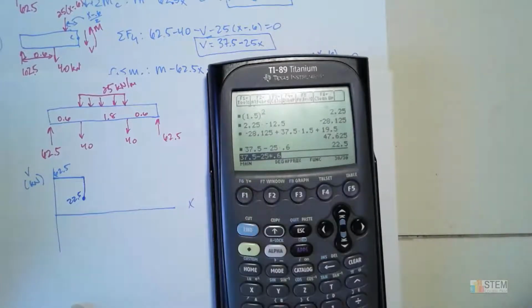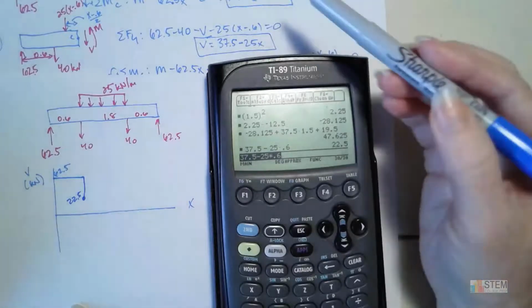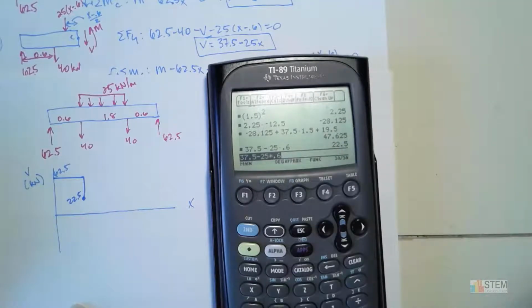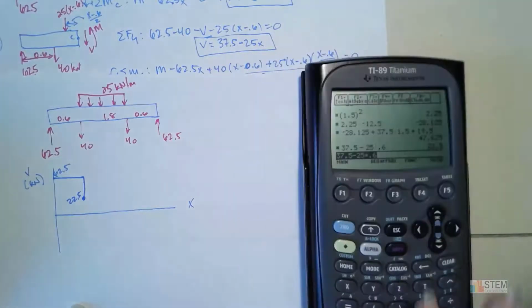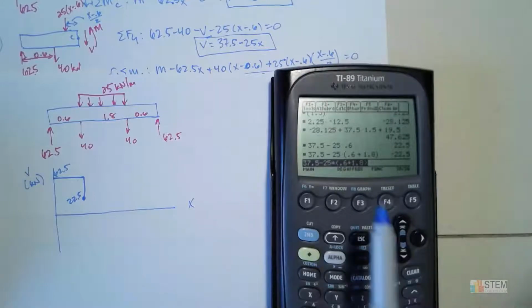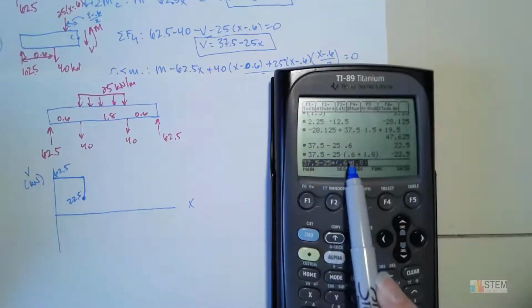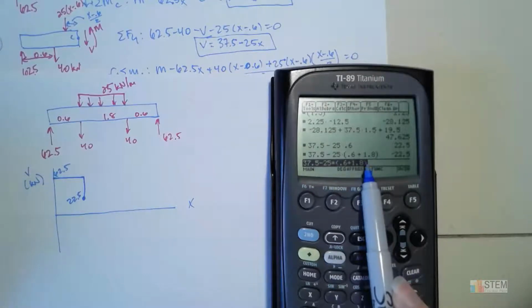All right, so now we've got that. That's our starting point, and then from there on, we're going to use this linear function, and we need to know the final value. So what would that be? Well, the final value is going to be that same expression, 37.5 minus 25x, but now you need the final value of x for this section 2.